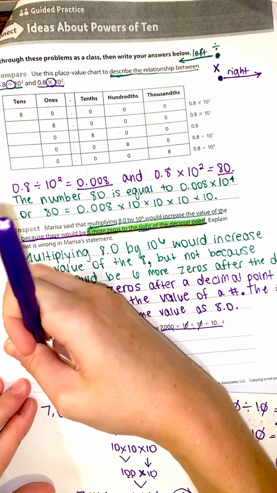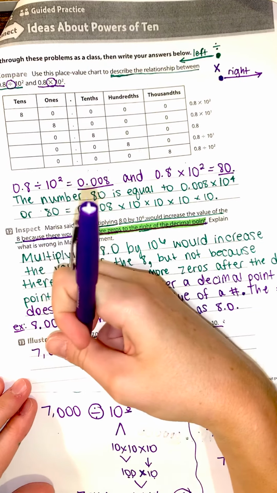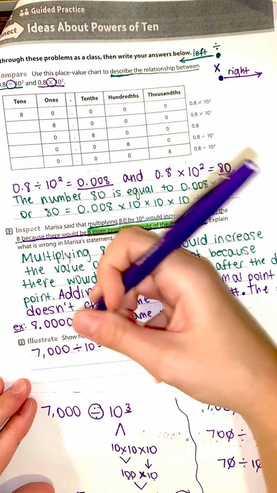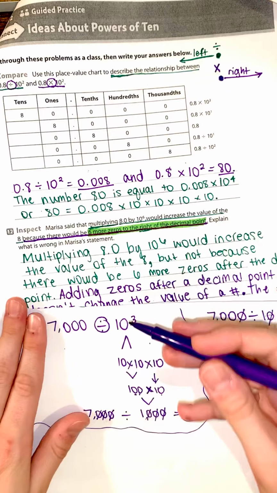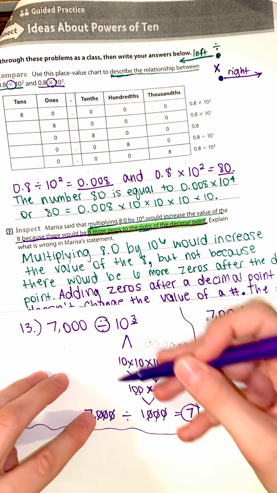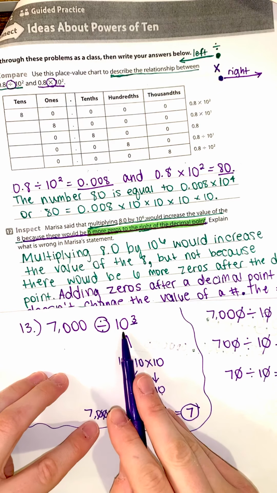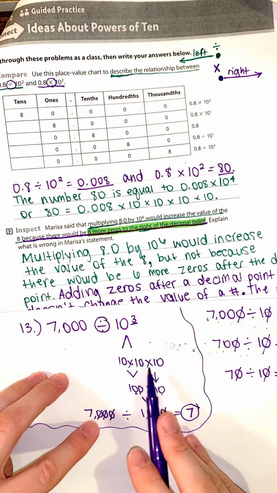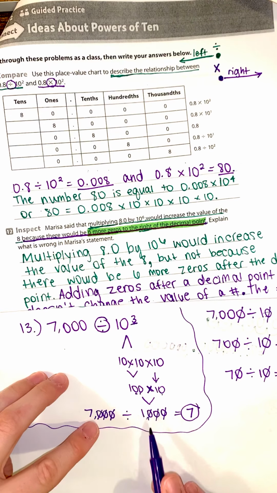So we have 7,000 divided by 10 to the power of 3, which we turned into 7,000 divided by 1,000, because we just broke down that power of 10. 10 times 10 times 10, right? Which was 100 times 10, which gave us 1,000.